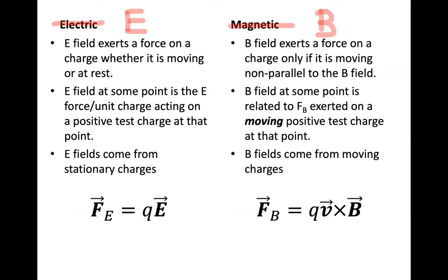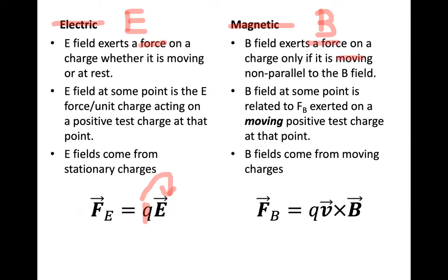The electric field exerts a force whether or not the charge is moving or at rest, right? All I need is a charge to come into that field. For a magnetic field, there's going to be a force only if the charge is moving, first of all.